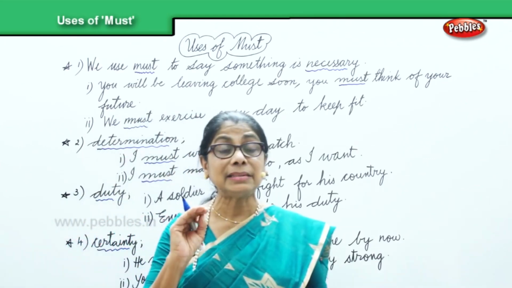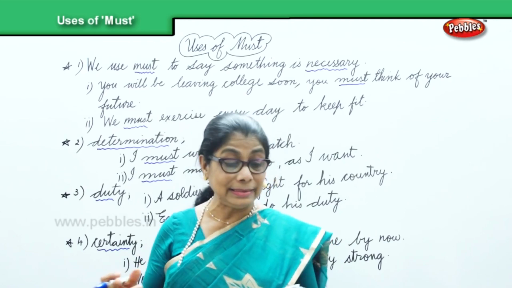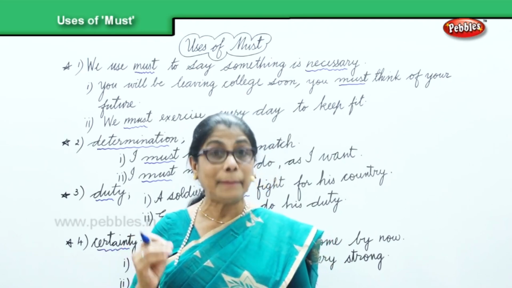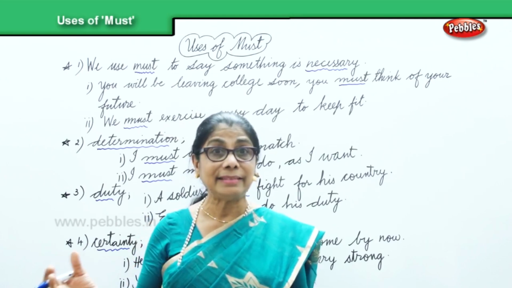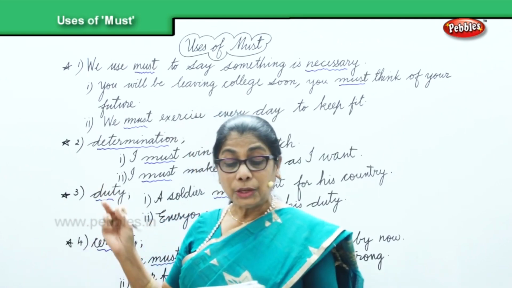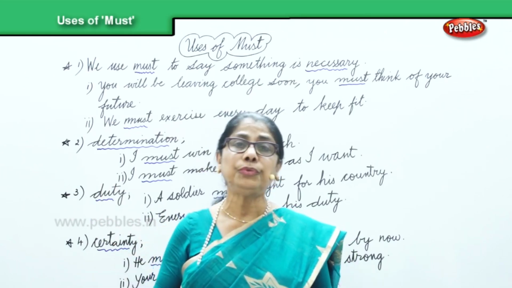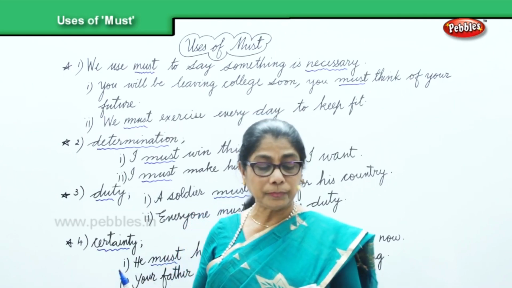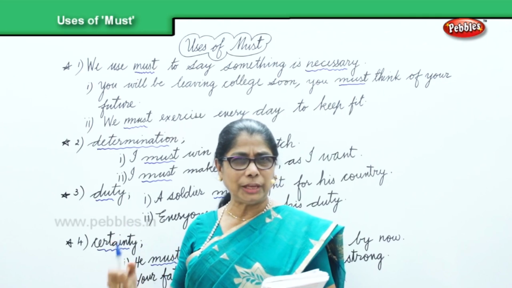So, must is used in 4 different ways in sentences. First, we use must to say something is necessary. Like, you will be leaving college soon. You must think of your future. Second, we must exercise every day to keep fit.